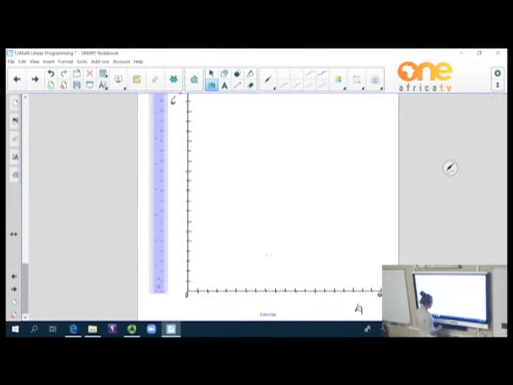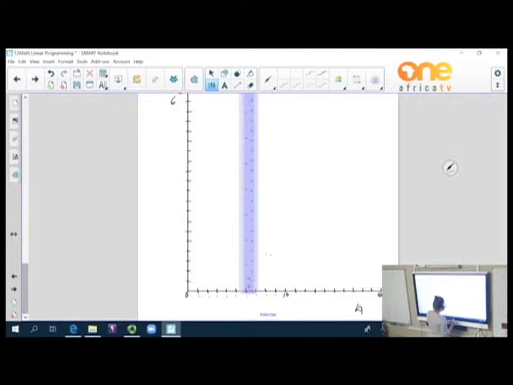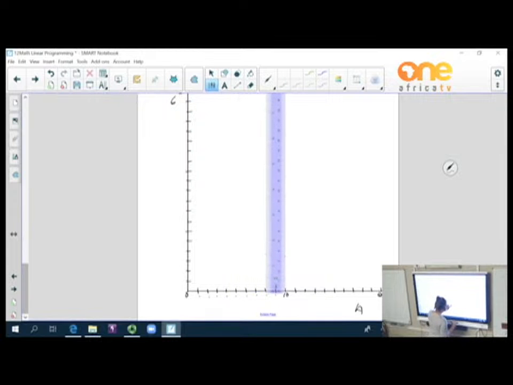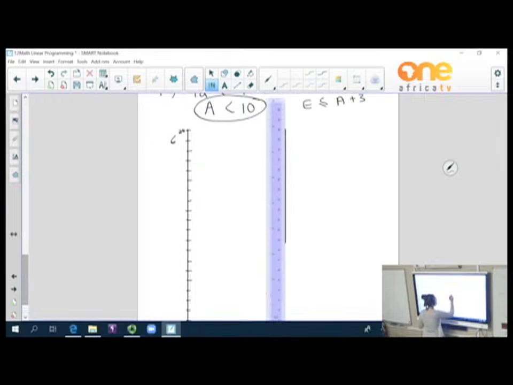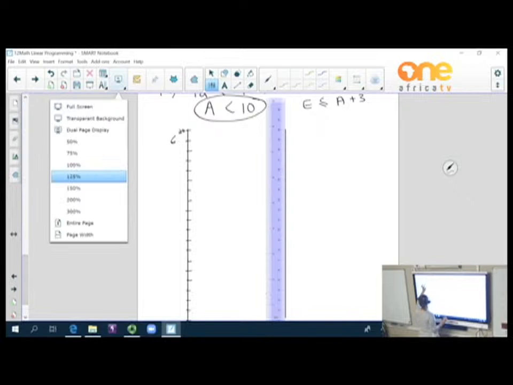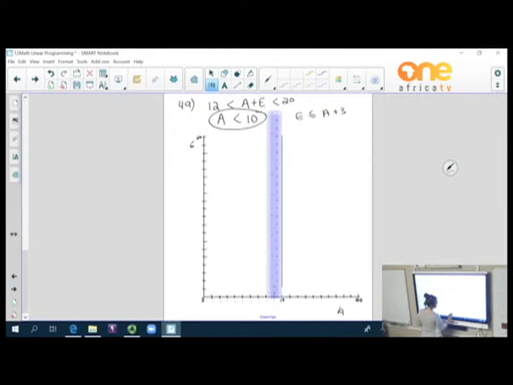Then we need to find 10. 1, 2, 3, 4, 5, 6, 7, 8, 9, 10. There we have 10. And we will draw our line for 10 up until the start, which is at 20. So there, let me just make this a little bit smaller. So there we have our Argentina is less than 10.